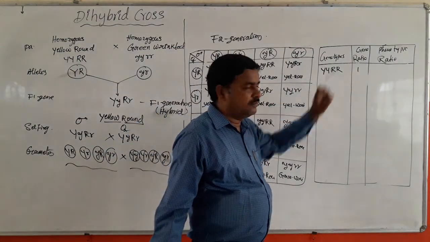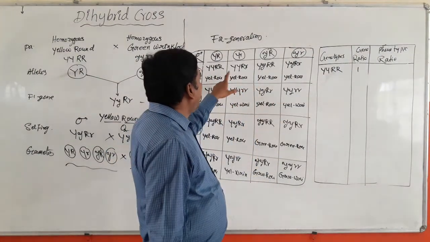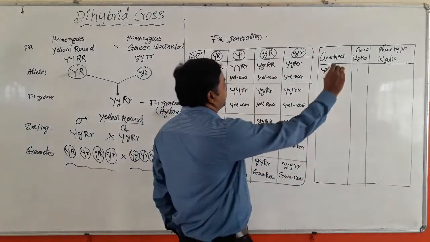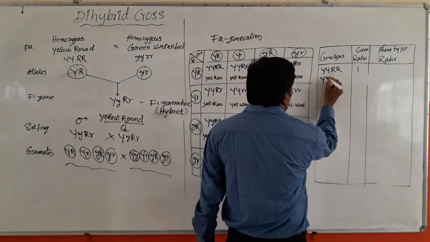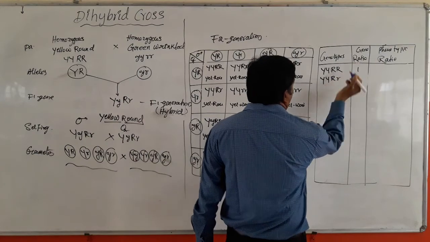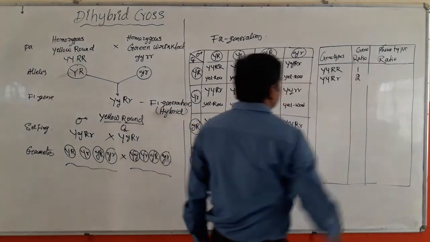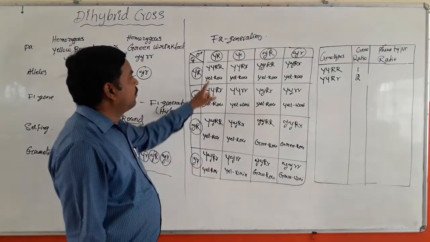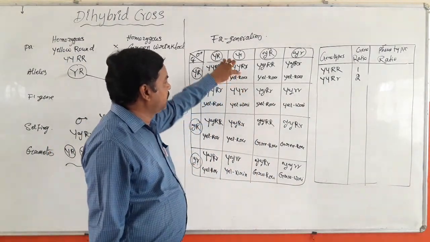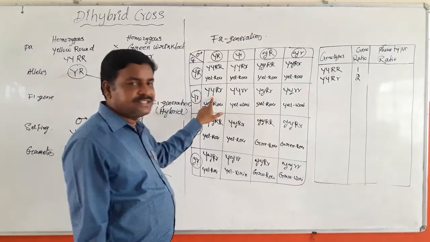Only one. But how many capital Y small r are there? Two plants are there. What are these two plants? One, this is one, and this is the second one.